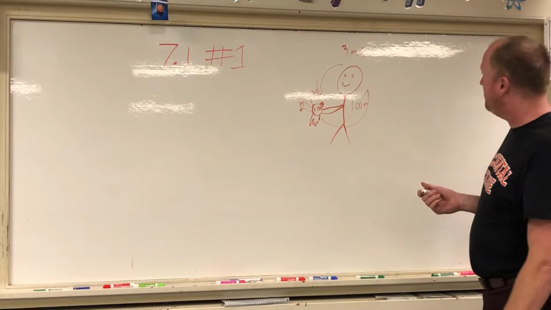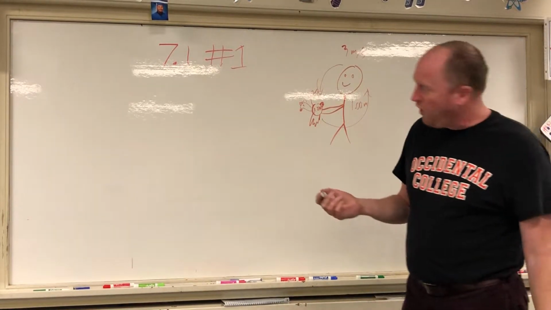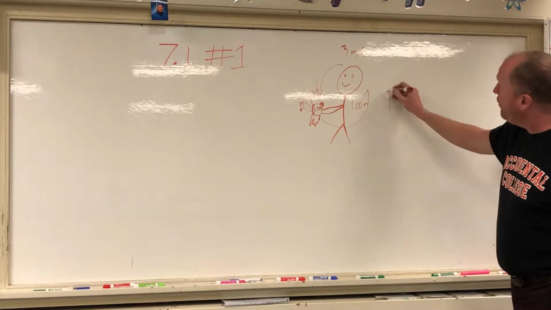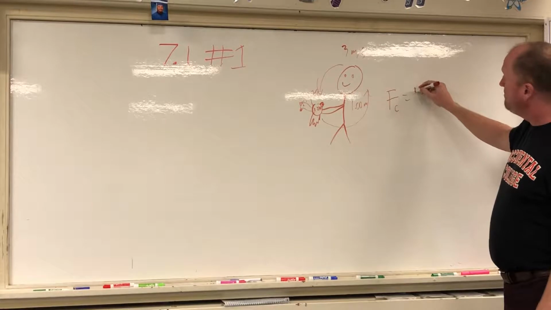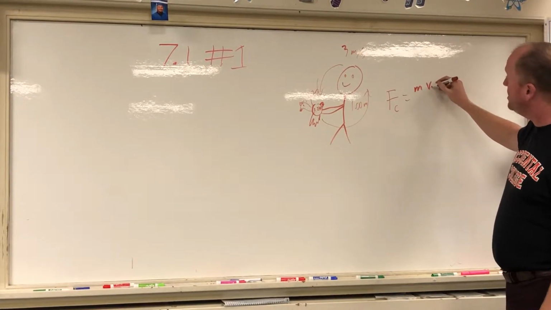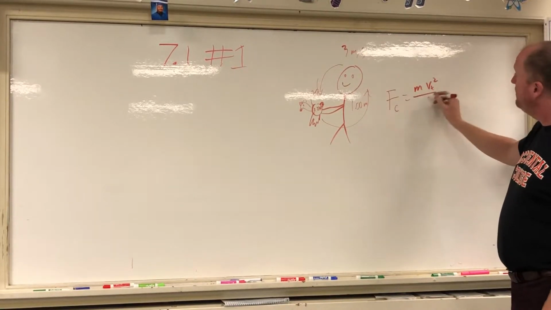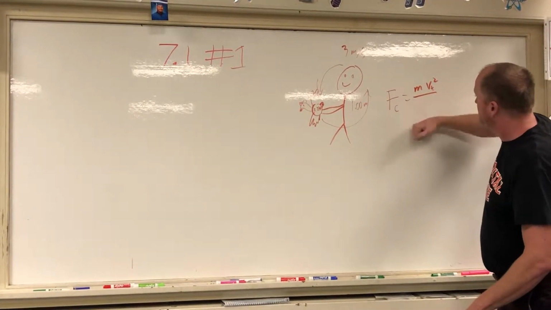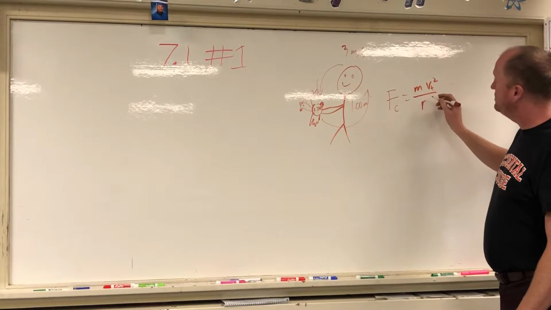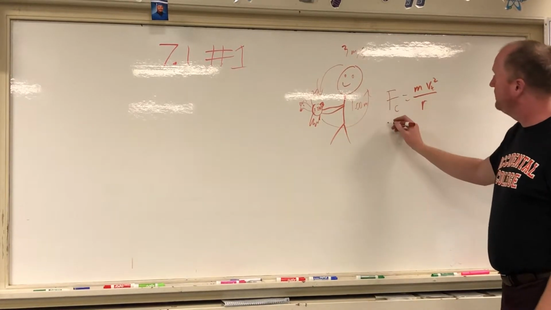So let's do some math here. Now, if you recall, centripetal force is equal to your mass times the tangential velocity squared over the radius of your circle.